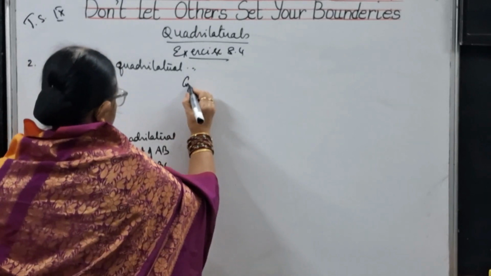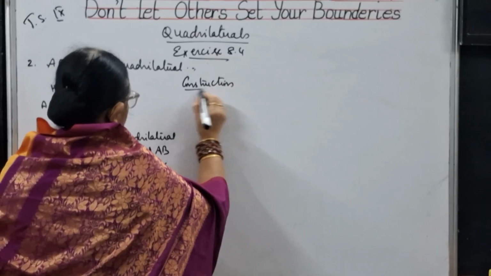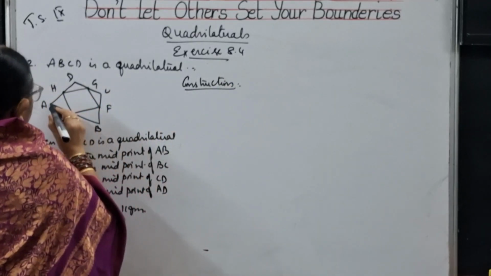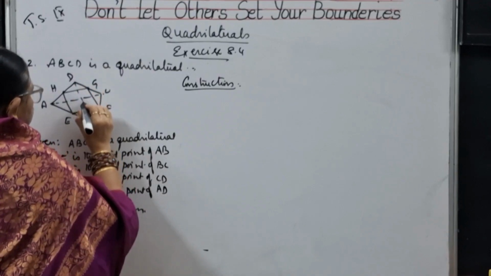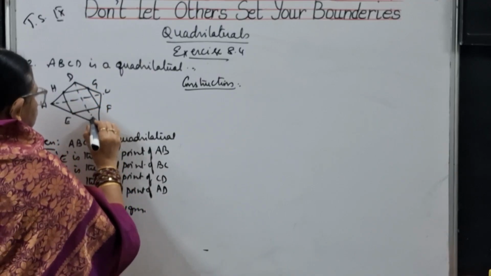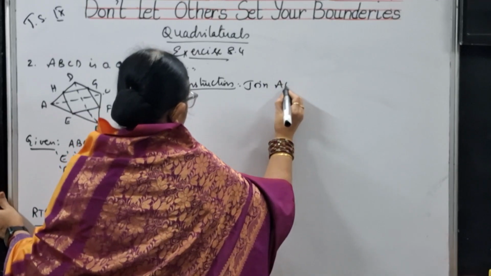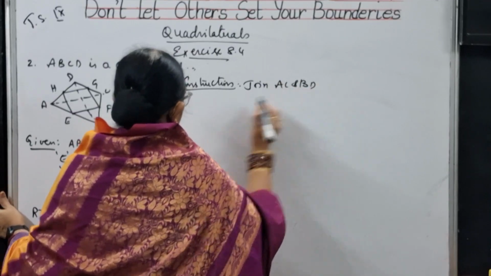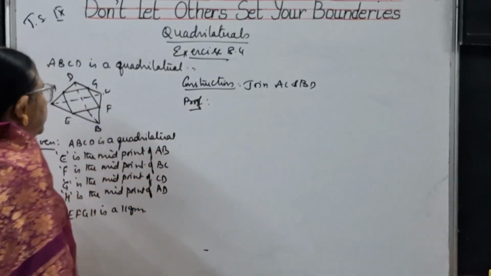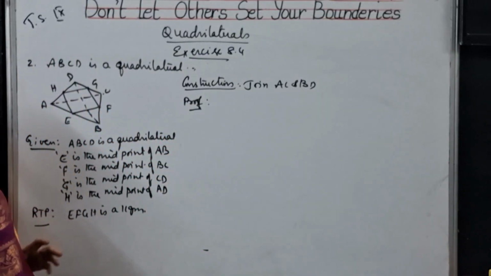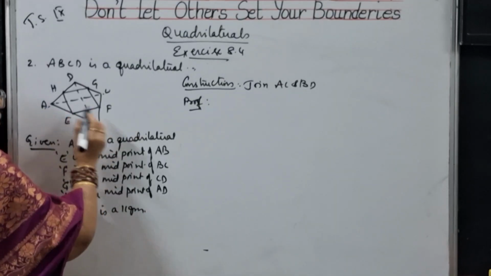There is a construction, children, here. What is the construction? You have to join AC and BD. Now let us go to the proof. Now in this proof, let us take triangle ABC.